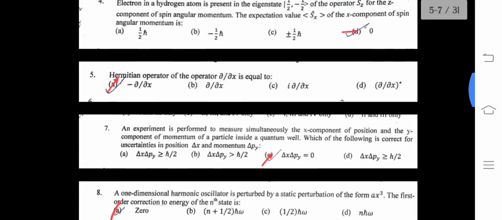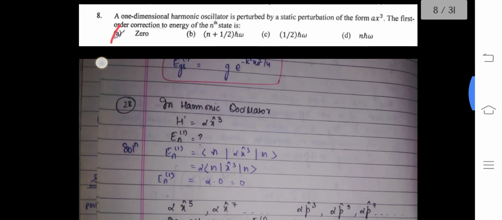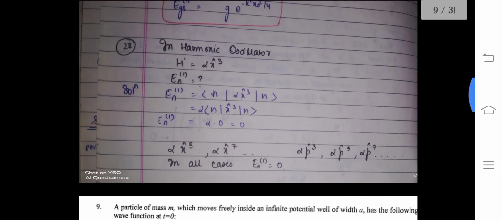The next question is about a 1D harmonic oscillator with a perturbation of a x cube. They have asked for the first order correction to the energy in the ground state. This picture is from my notes, as I have already solved this question.